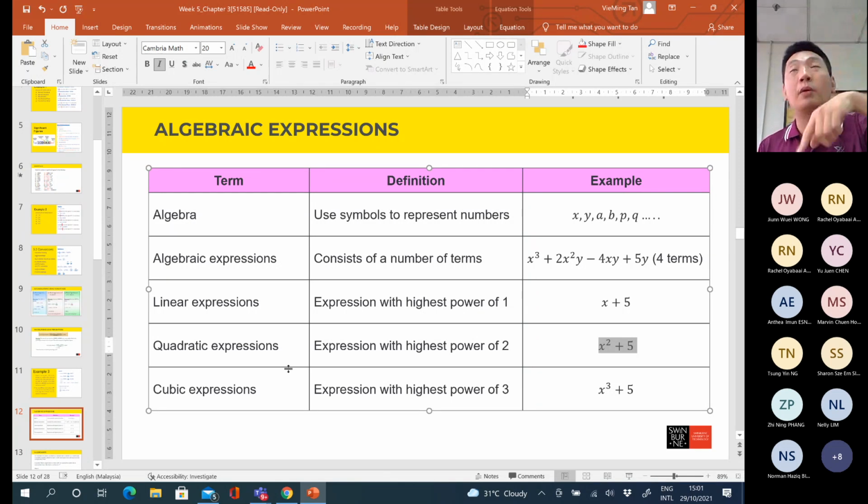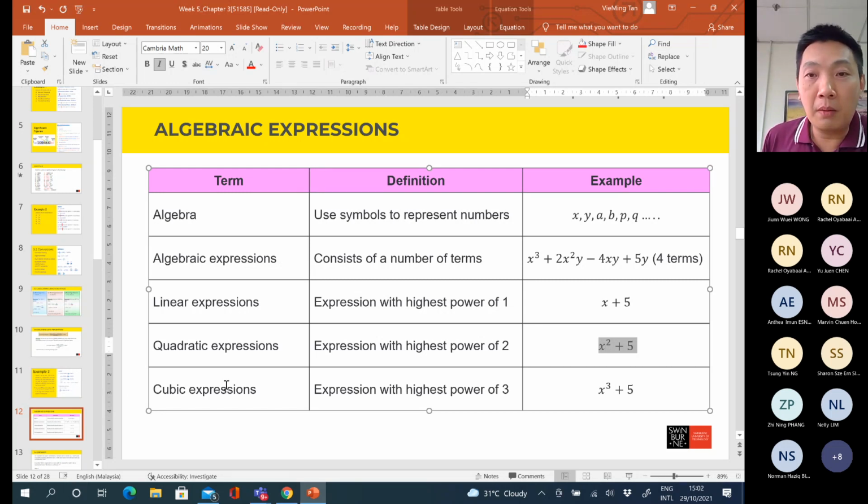It can be a U curve or an N curve, a small letter n, or a U shape.